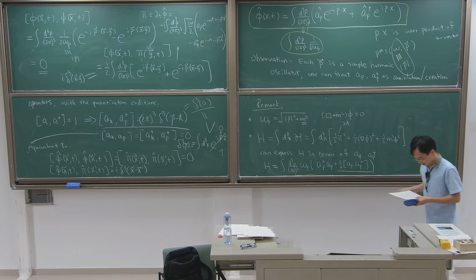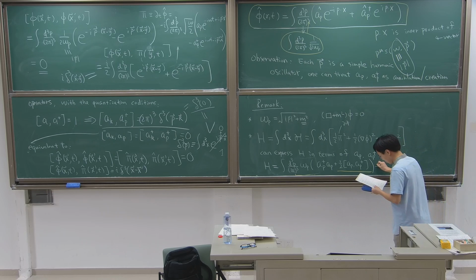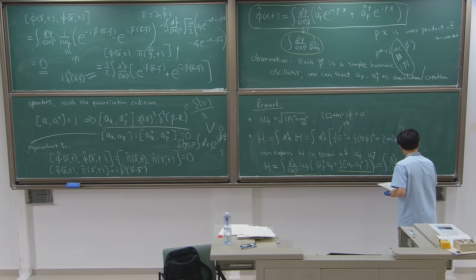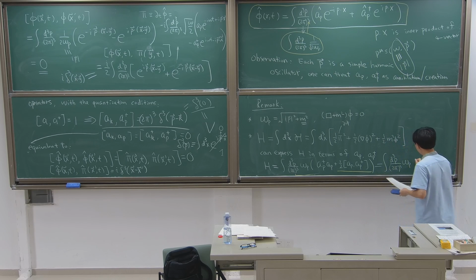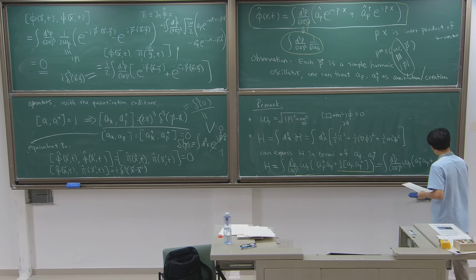For that reason, I can rewrite my Hamiltonian with the first term, but we now understand the second term is nothing but the volume times omega p, of course. This is the result.